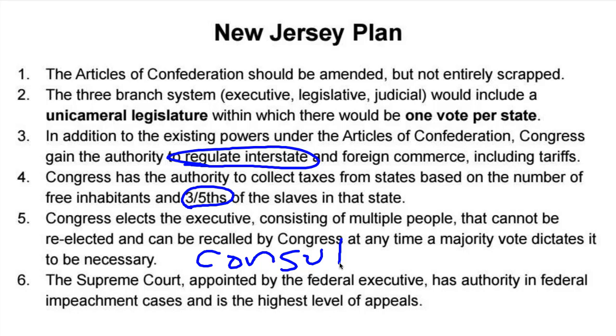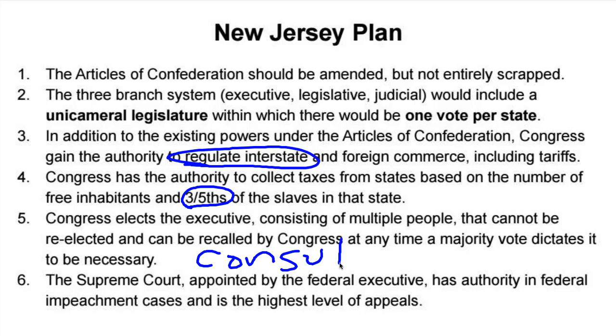And then lastly, there would be a Supreme Court appointed by the federal executive, very similar sounding to what we have in today's Constitution, that would have authority in federal impeachment cases, and is the highest level of appeals, all of which is included in Article 3 that outlines the powers of the court system.